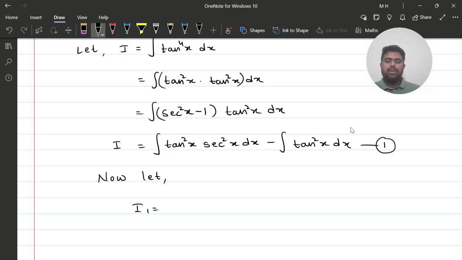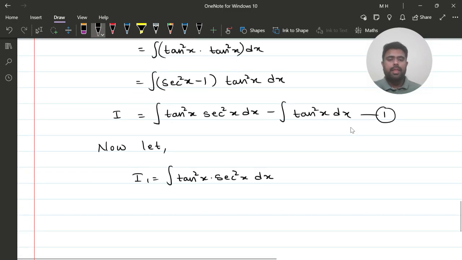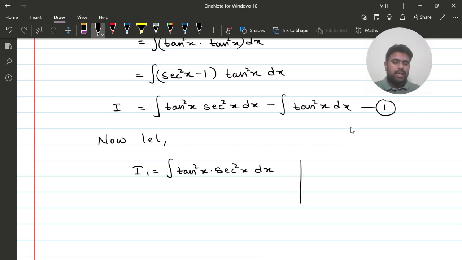Let I1 be equal to the integral of tan square x into sec square x dx. What I will do is substitute tan x as t.